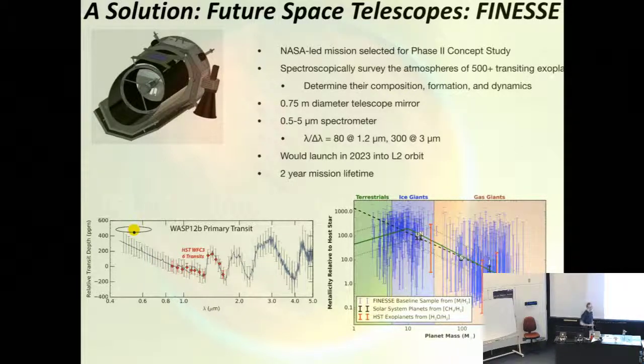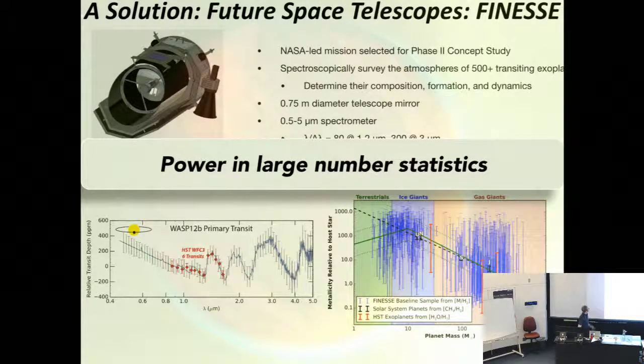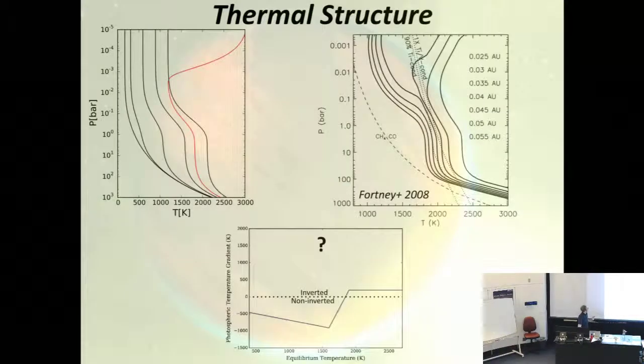We can start to do statistical atmospheric science, which hasn't really been done all that well yet. That's really the power in these large numbers: it's going to allow us to identify trends in atmospheric properties with bulk planetary properties.